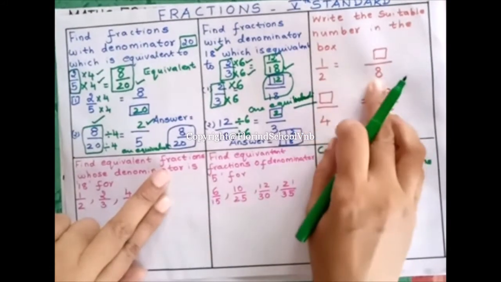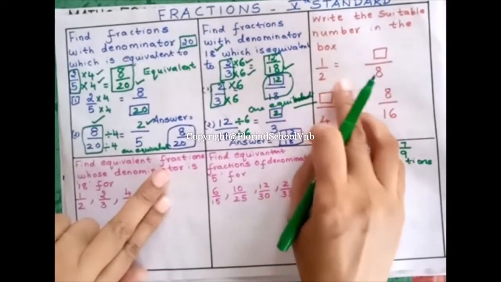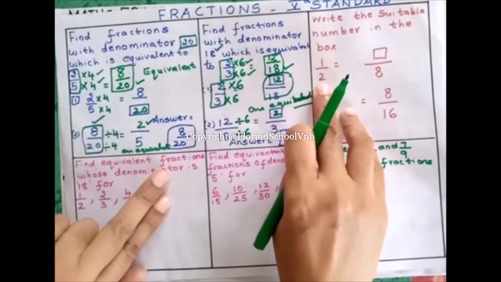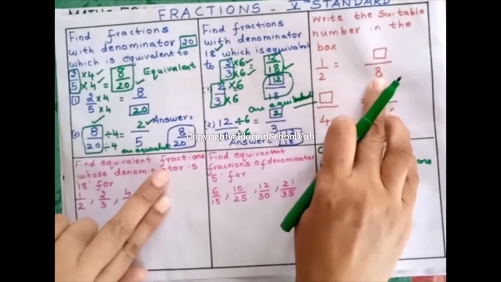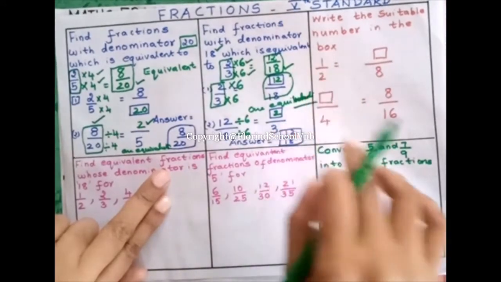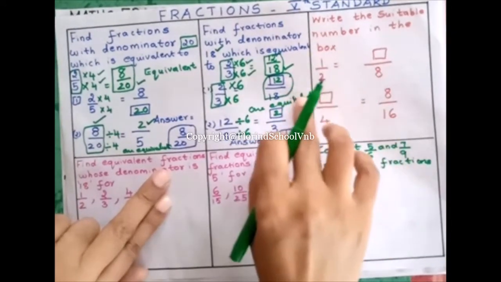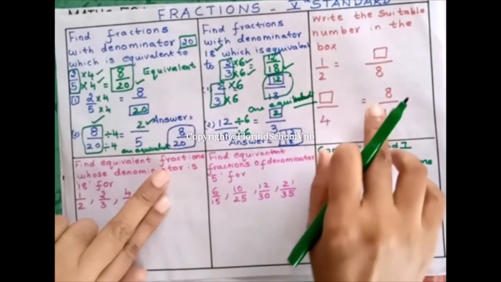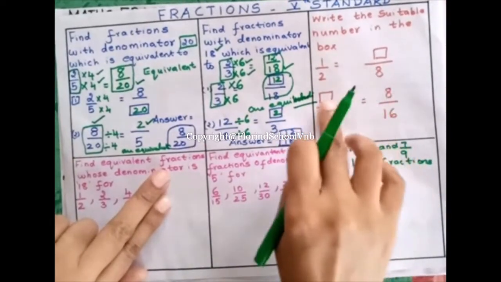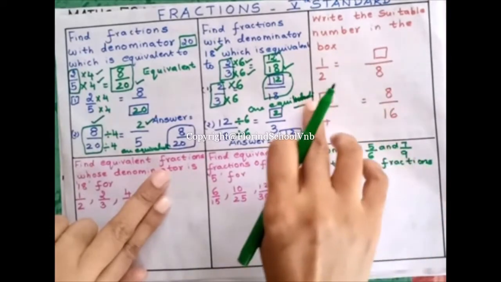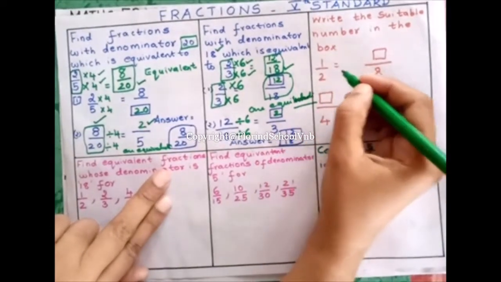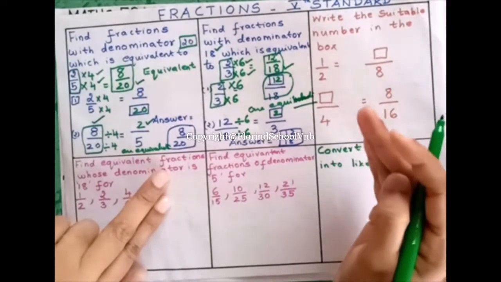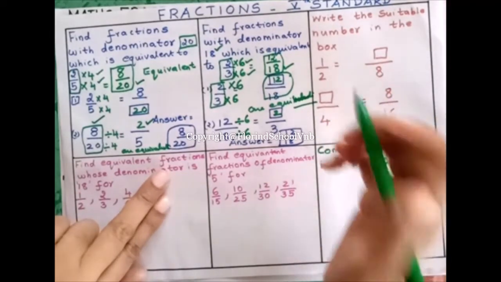Now, what happened to the denominator here? The denominator 2 has changed into 8. So say the two tables. 2 ones are 2, 2 twos are 4, 2 threes are 6, 2 fours are 8.